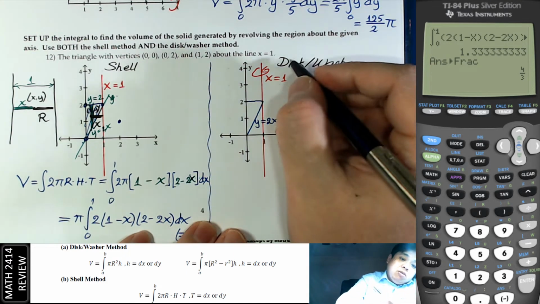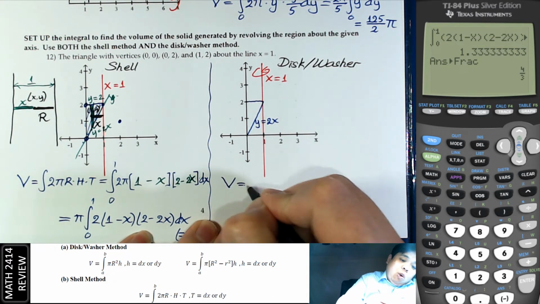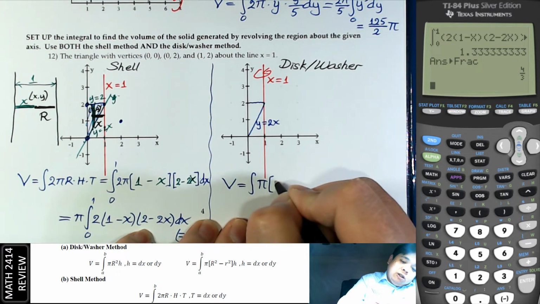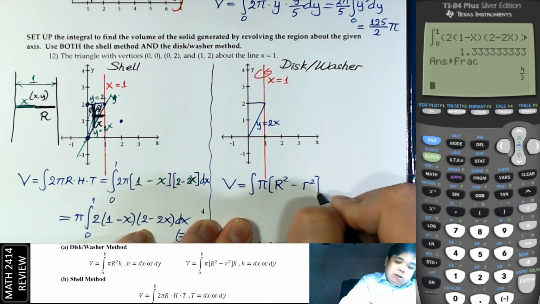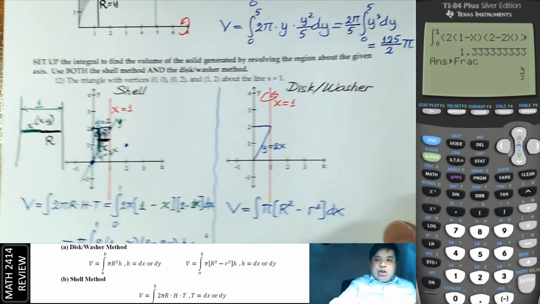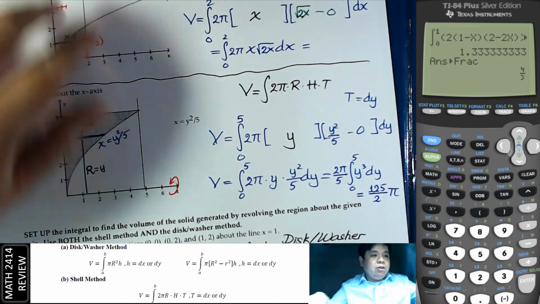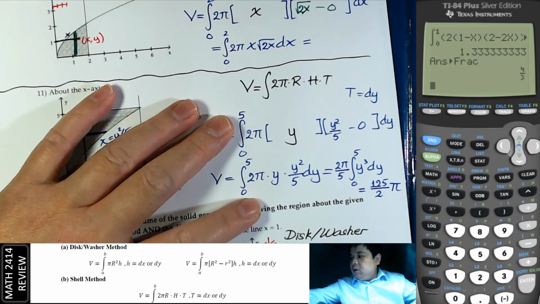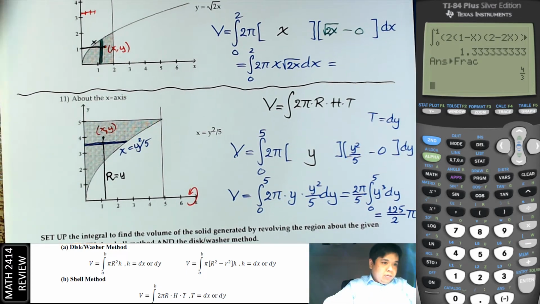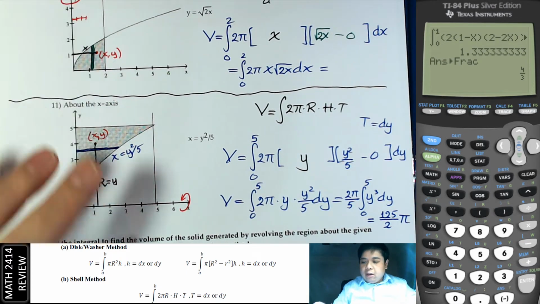So that must be the washer method, meaning there are two radii. Sorry, it's not the x, it's just h in general.